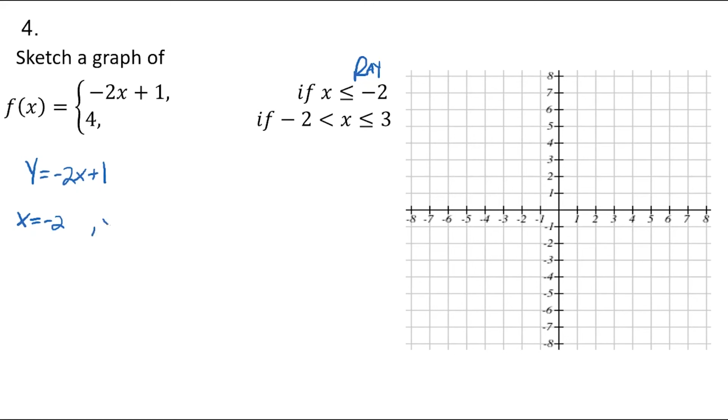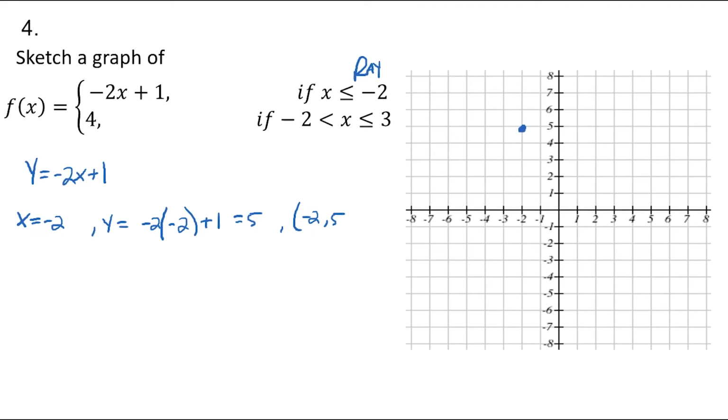We have y equal to negative 2 times negative 2 plus 1, and all of this will be equal to 5. So we have the point negative 2 comma positive 5, and we'll go here and plot that point.